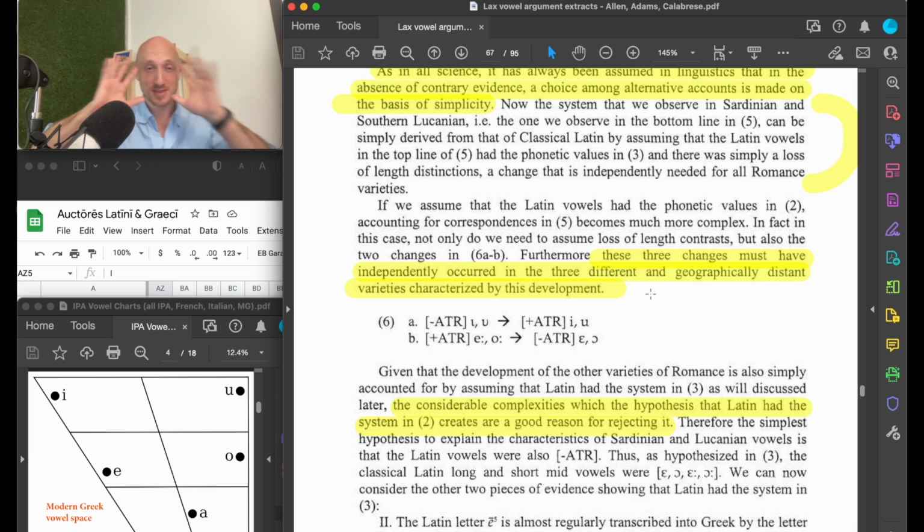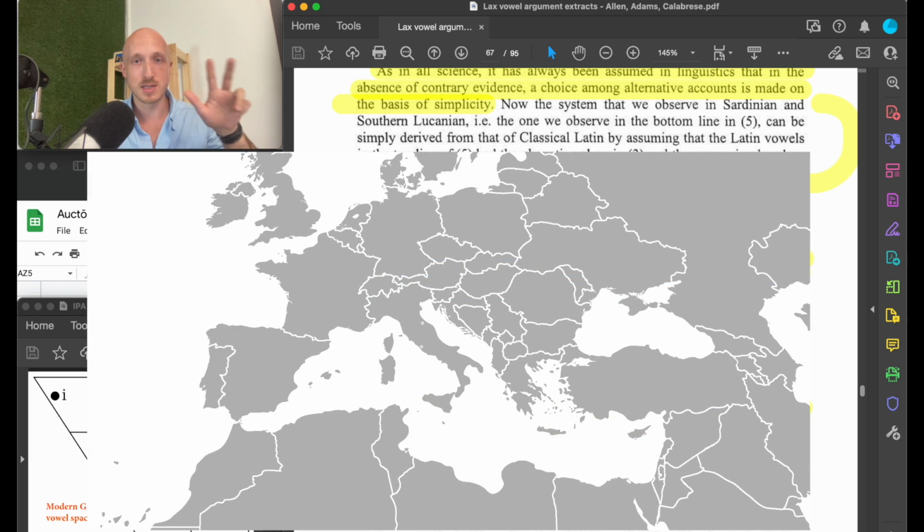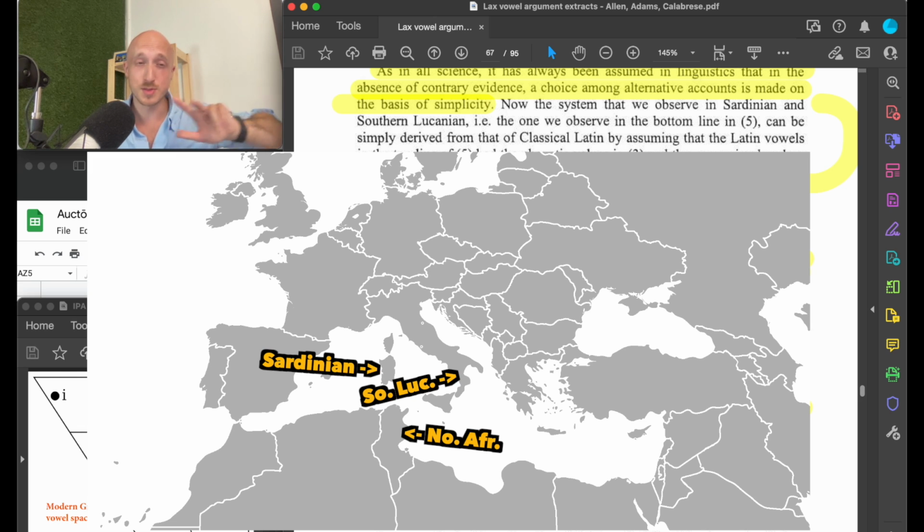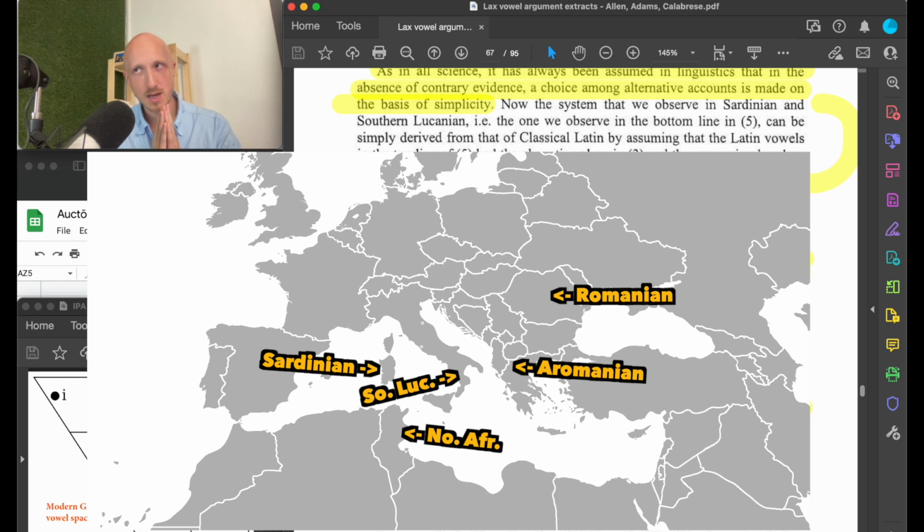So let's just set this up. The 3 languages that demonstrate the 5 qualities: Sardinian, Southern Lucanian, North African, and also the back vowels for Romanian. So 3.5. So 3 times you have I going from negative ATR to positive ATR to E, and you have U 4 times going to U to positive ATR.